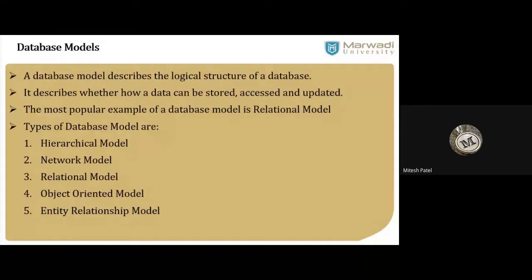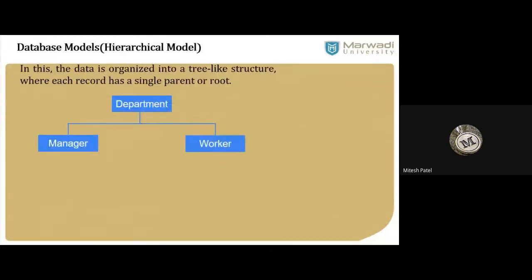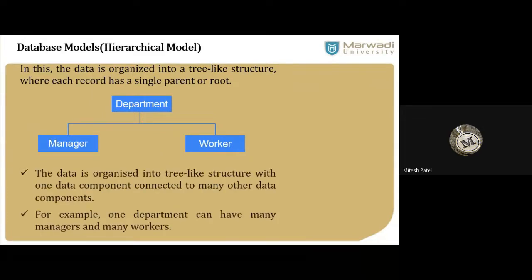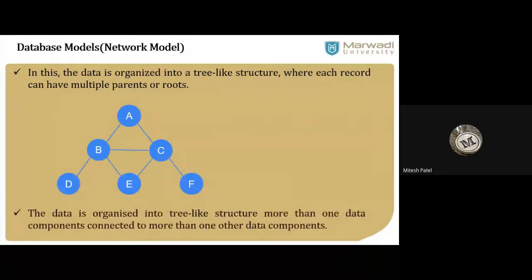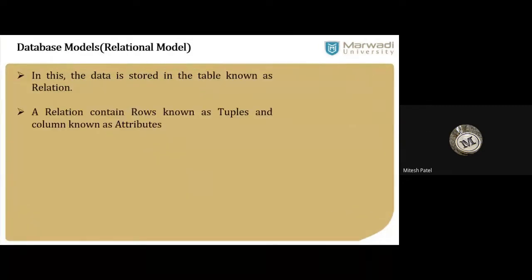Next, data models. We have seen the hierarchical model. So this is an example of a hierarchical model, which looks like a tree structure. The network model looks like a tree structure, but interconnected nodes are allowed, like more than one node can be connected internally.